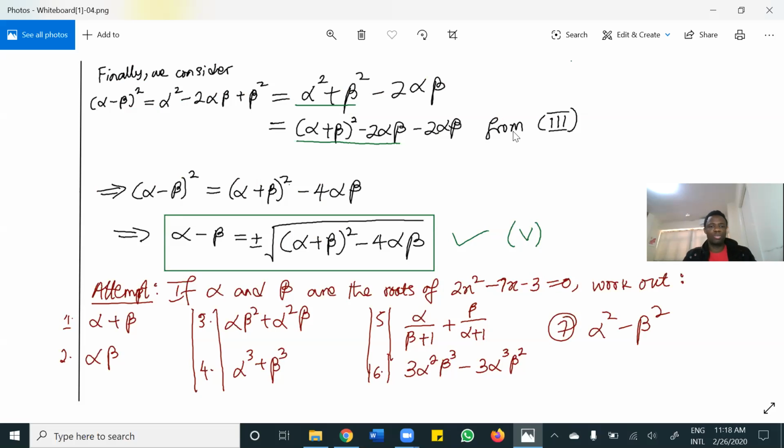So without knowing what alpha and beta are, how can you find the equation with those roots without knowing what alpha and beta are in the first instance? Do you guys hear me? Do you understand what I'm trying to say?